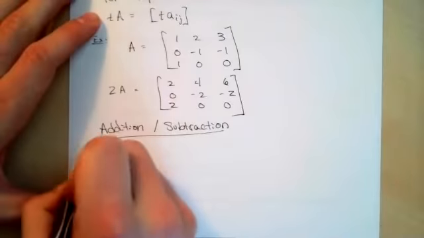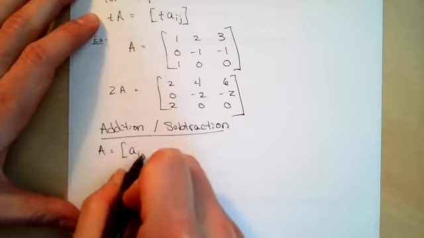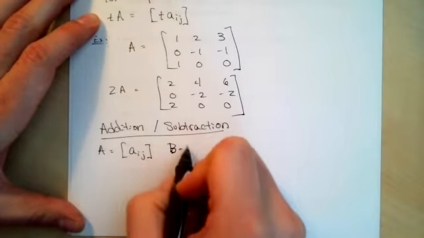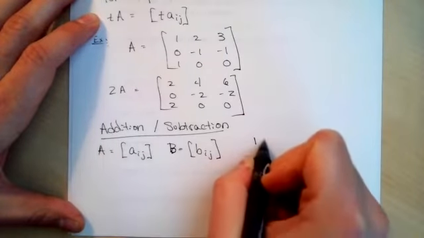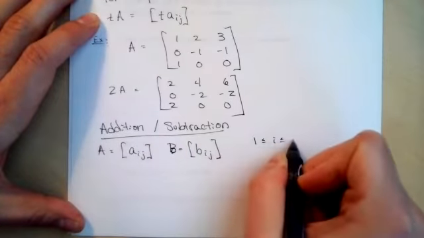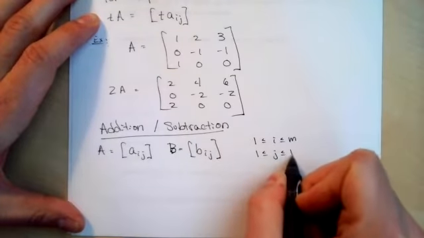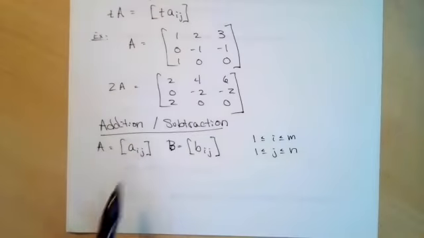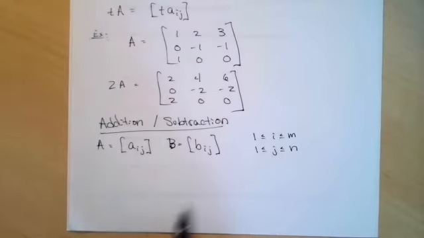So we need matrices of the same size. We use the same indices for both A and B, primarily because they go over the same range.